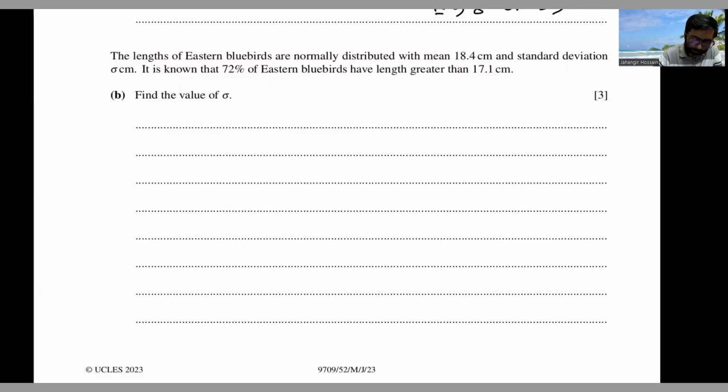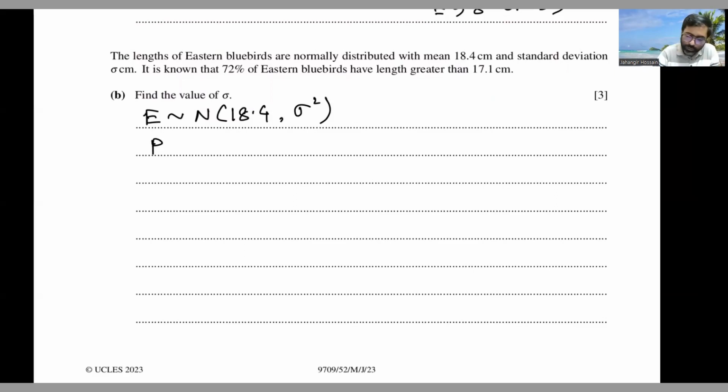So here, let's say the variable E for length of eastern bluebird follows a normal distribution with mean 18.4 and standard deviation sigma, so the variance is unknown, sigma squared.